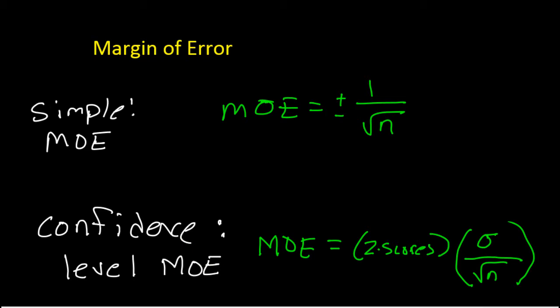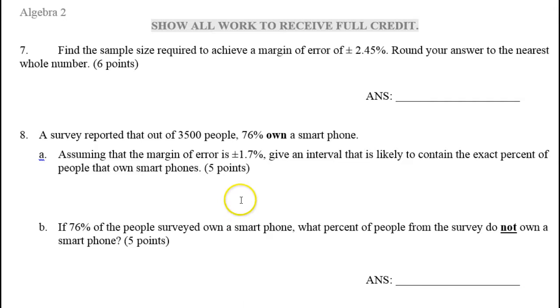So these are the two formulas for margin of error, the simple one and the confidence level one. When I'm reading a problem, if it says anything about confidence levels, say find the 90% confidence interval, then I'm going to use this formula. If they don't say anything about confidence levels, then I'm just going to use the simple margin of error formula right here. So let's look at this problem and see.